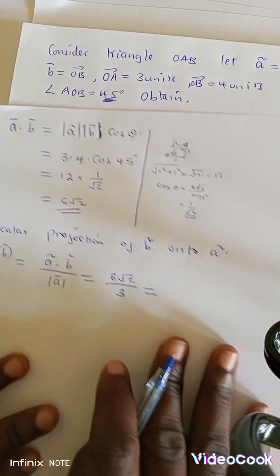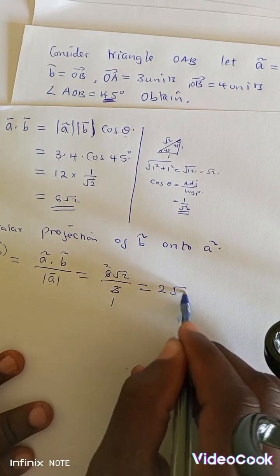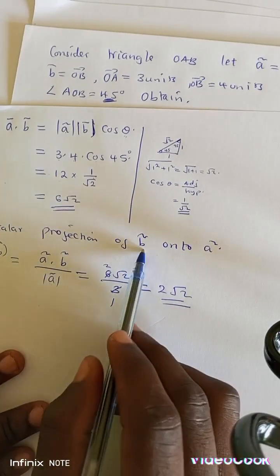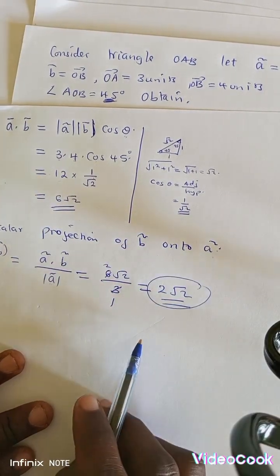So this simplifies to 2 root 2, and therefore the scalar projection of vector B onto vector A becomes 2 root 2.